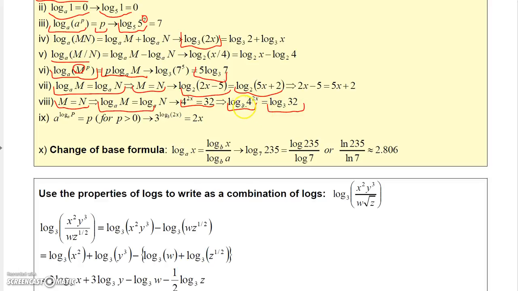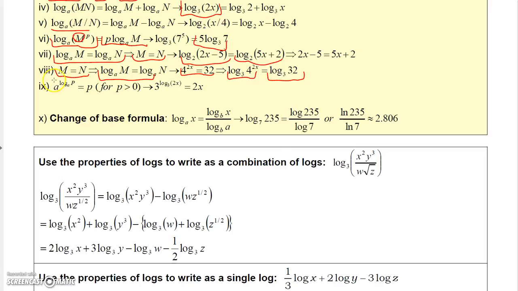Now I just chose base 3 randomly. Later we'll learn that we'll use particular bases to solve these. And then last, a to the log of p base a is just p. So if I have 3 raised to the log of 2x base 3, then that equals 2x.